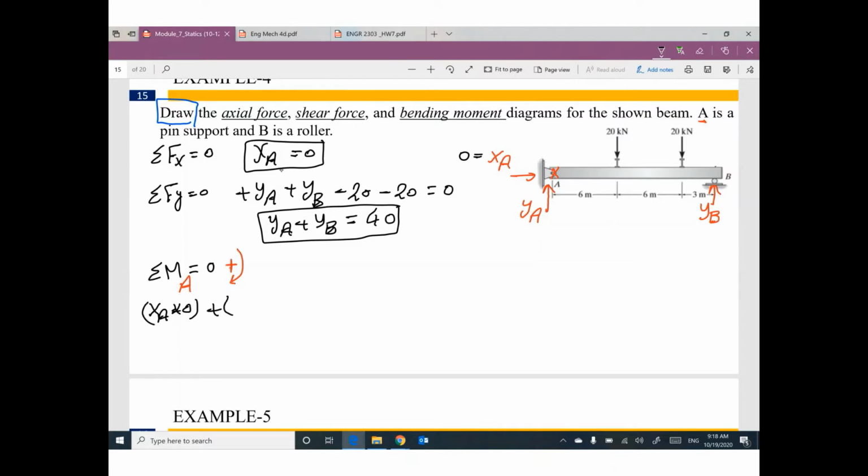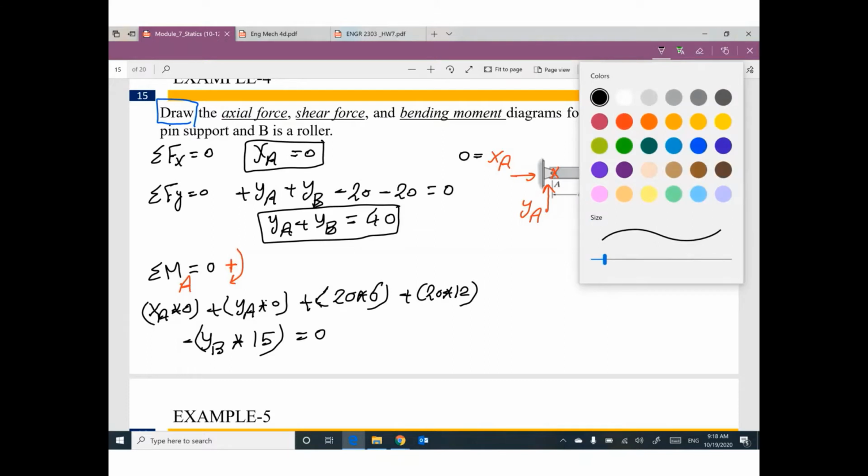YA times 0, we don't have distance, plus 20 times 6, the first 20, the second 20 times 12, minus YB times 15 equals 0.